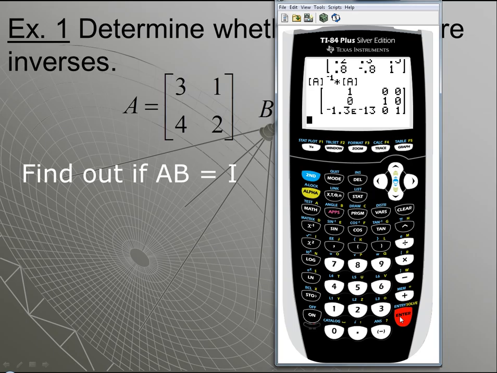Your calculator will do this. It's saying 1, 1, 1. What is 1.3 e negative 13? Zero. That's 0, isn't it? That's a negative 1.3 preceded by 13 zeros. So it's 0.00000000000013 negative. Now, why does your calculator do that?